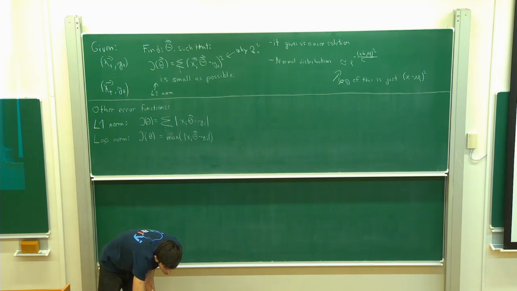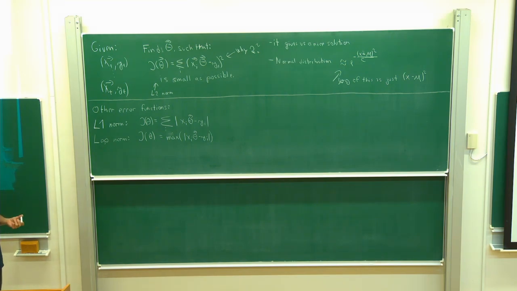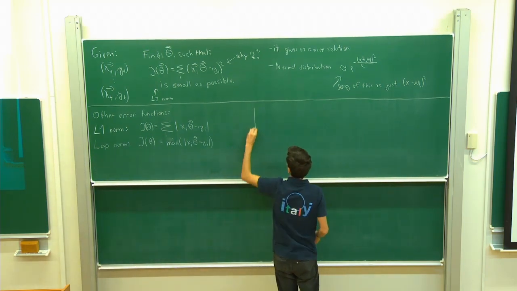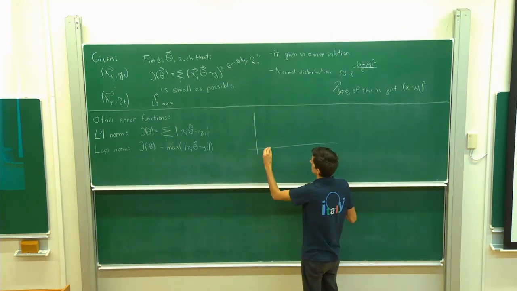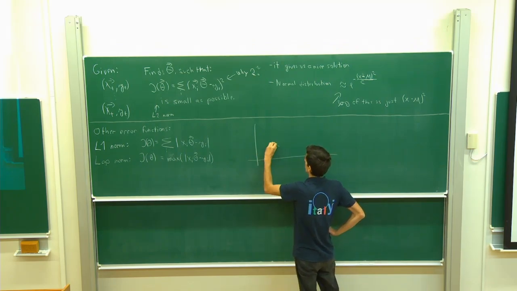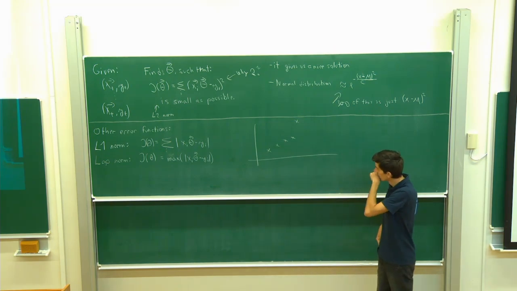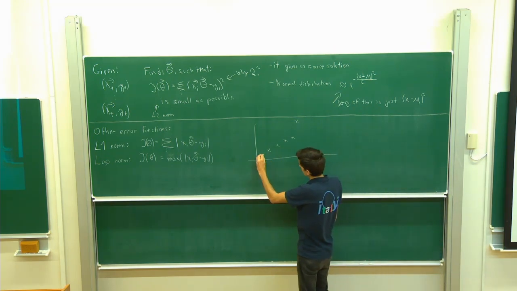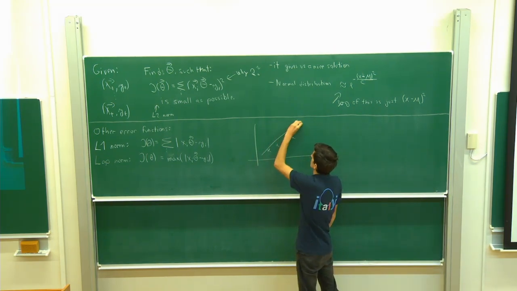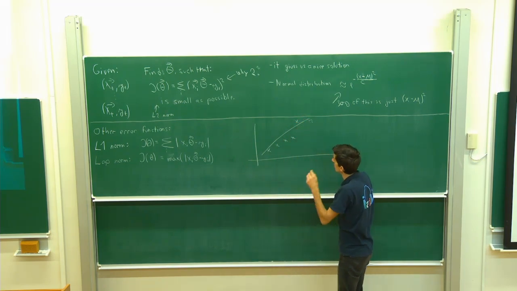And why would we want to use some other error function? It gives us different behaviors with respect to outliers. Because with the L2 norm, if you have an outlier, it tries to follow that. So for example, when we have a couple of points, most of them centered around some line, and then you have one outlier somewhere around here, the L2 norm would try to deviate towards the outlier.